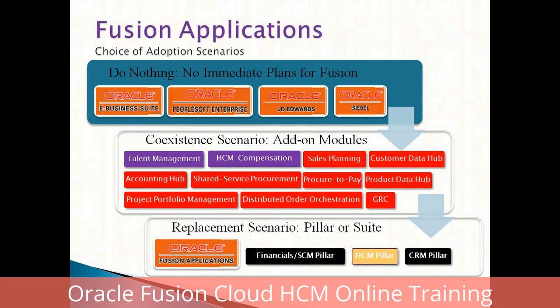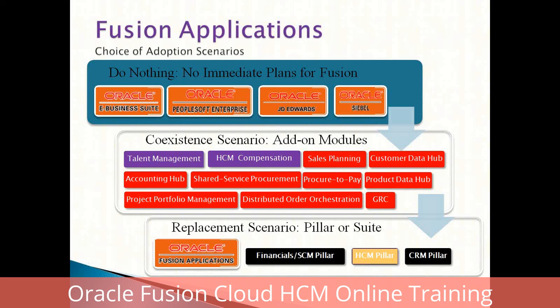The third option is coexistence. In the coexistence, you use your traditional core application, maybe E-Business, PeopleSoft, whatever it is, and plug and play some products of Fusion. For example, your core HCM is running on E-Business, but you want to try Fusion HCM Compensation, because you don't have E-Business compensation.